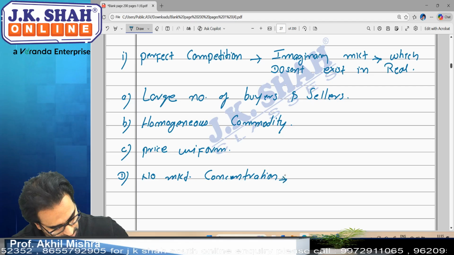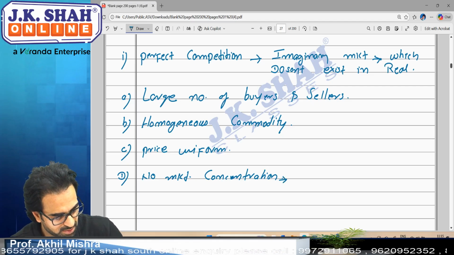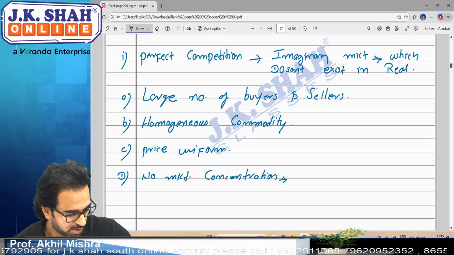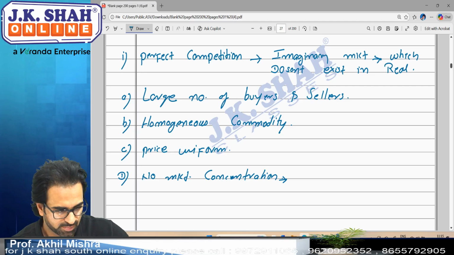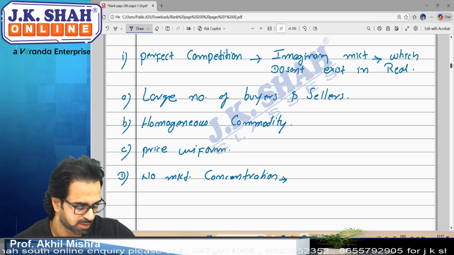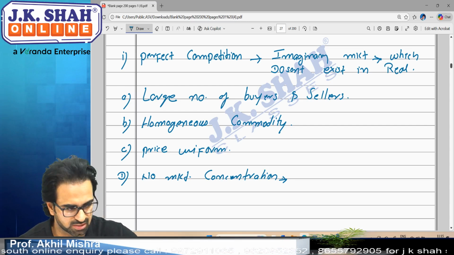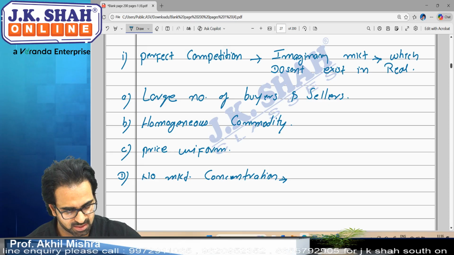No market concentration means in a perfect competition market, it's not like one seller is so big that the market is concentrated, and other sellers are small. No, in perfect competition market, all the sellers in the market have a similar capacity. Understand?